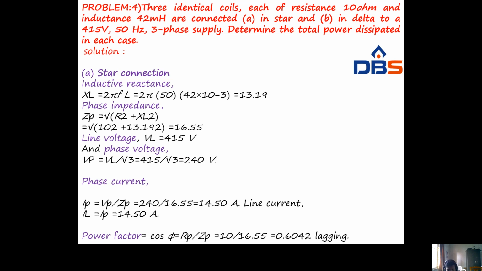What about power factor? Power factor cos phi is equal to R phase by Z phase. R phase 10 ohm by Z phase 16.55, that is equal to 0.6042. It is an inductive coil, that's why lagging, 0.6042 lagging.